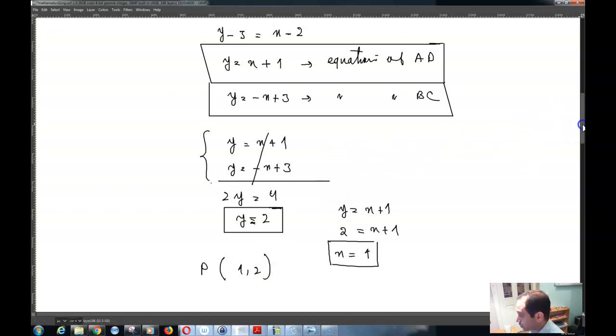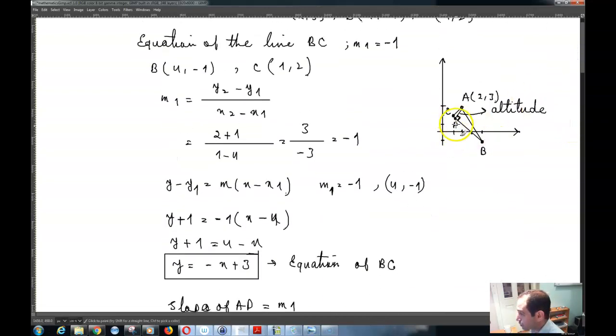So the coordinates of the point P are 1, 2. Now you want to find the length of the altitude from vertex A to the base over here.